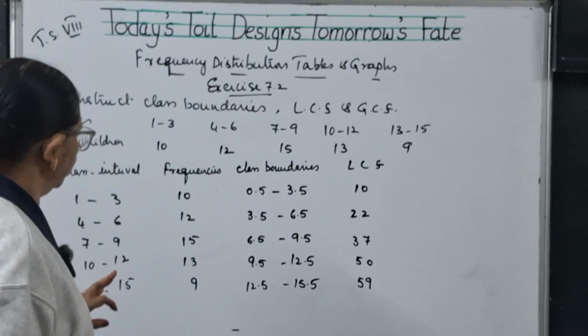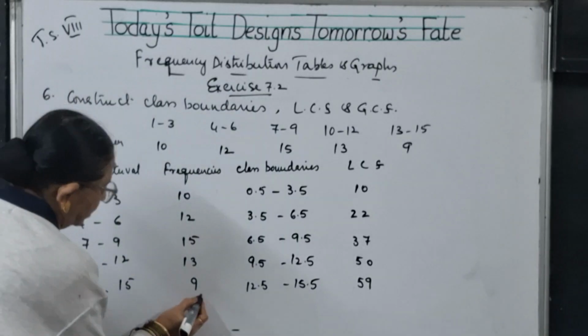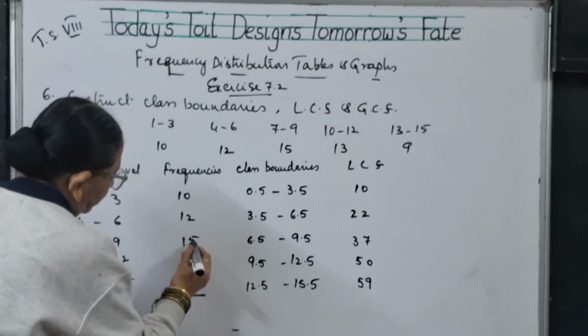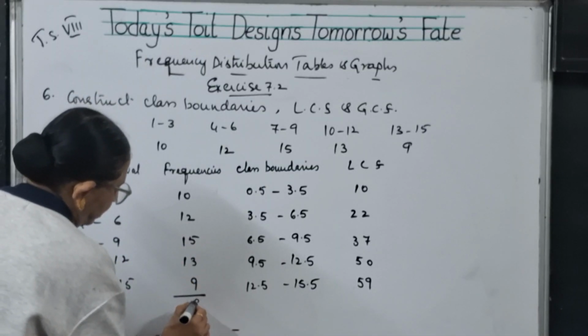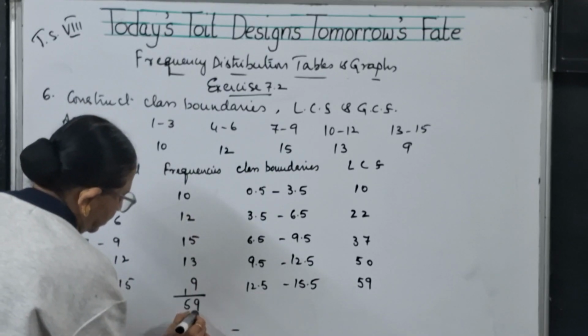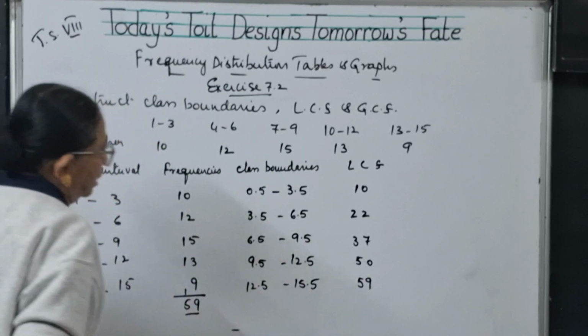Okay. So 59, are we getting 59 here also? Let us see. This is 10, 22, 37, 50, 59. Yes, 59. So this is right.